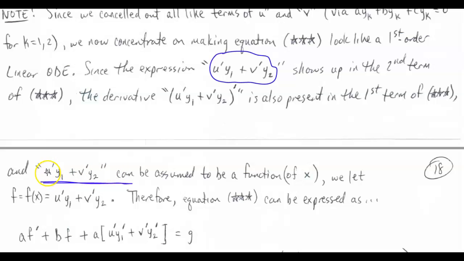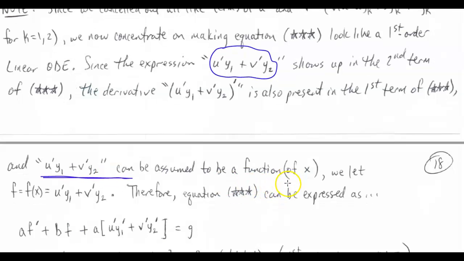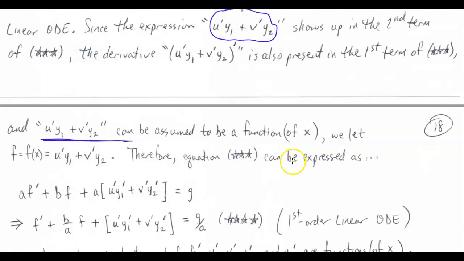And we know that since u is a function of x and v is a function of x, then u prime and v prime have the possibility of being a function of x as well. So we're just going to assume that. Okay. So for simplicity, we're just going to let this expression here just equal f, okay, which is a function of x.